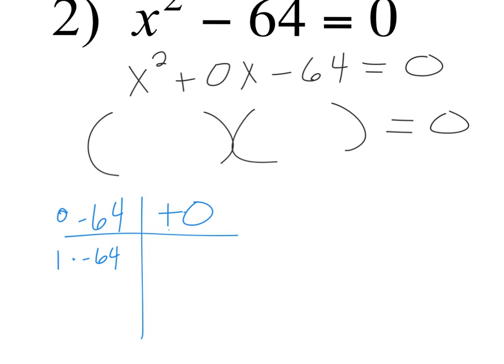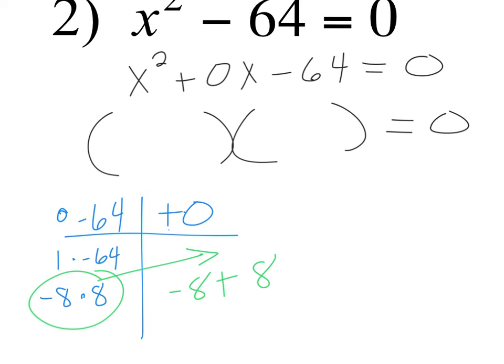Well, either one isn't going to add up to 0, so it's kind of a moot point. So you should move on to another set of factors. It's negative 8 times 8. There you go. Negative 8 and positive 8. Yep, because that adds up to 0.